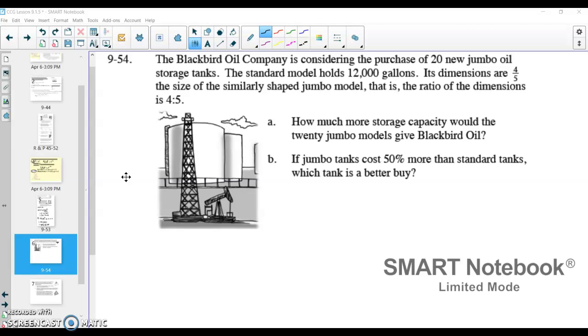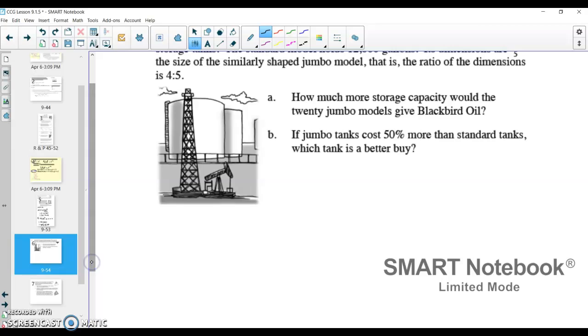And so then they're saying, in part A, how much more storage capacity would the 20 jumbo models give Blackbird Oil? What we have to find out first is how much can just one jumbo barrel hold? How much more can just one jumbo barrel hold? Well, we don't know how many gallons are in that jumbo barrel.